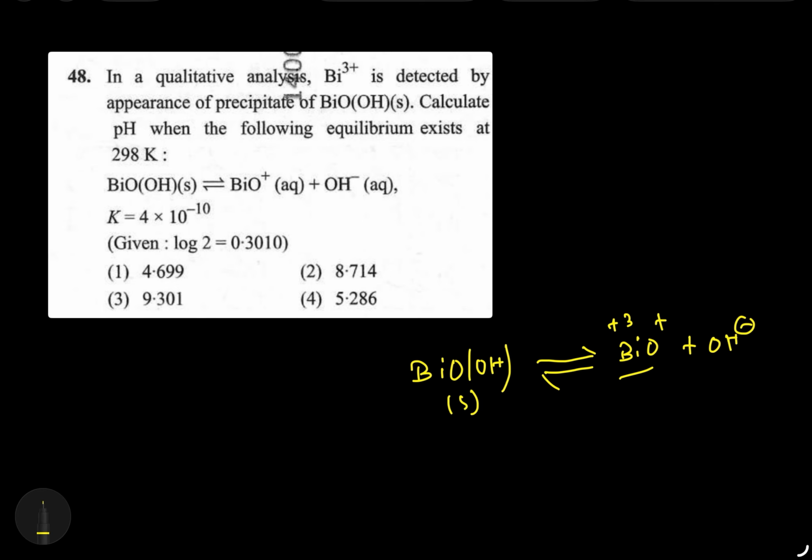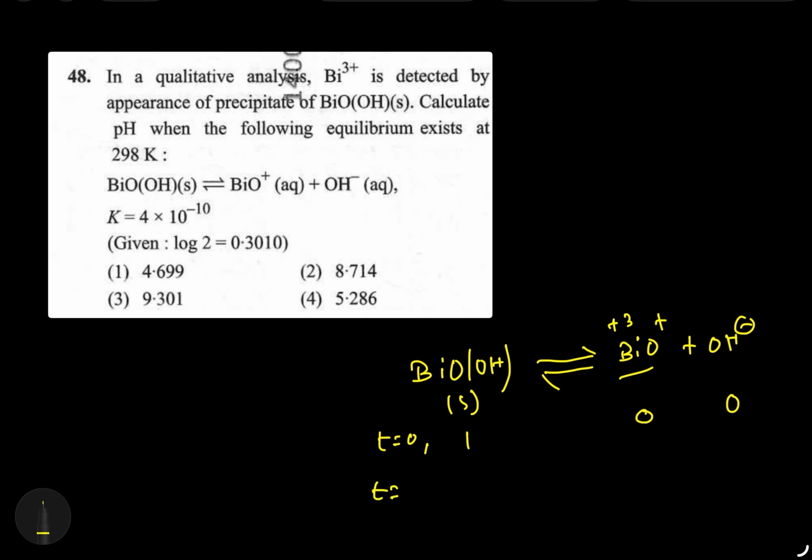Now we have to calculate the K, right? Okay, so you just have to see one thing: when t is equal to 0, the concentration of bismuth oxyhydroxide is 1, because we always take the concentration of a solid in chemical equilibrium as 1, and the ions will be 0.